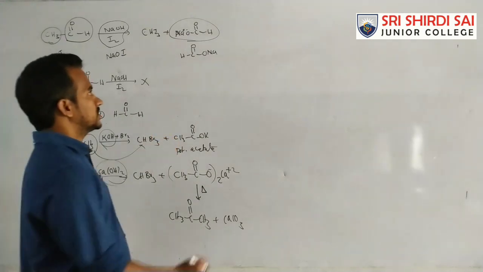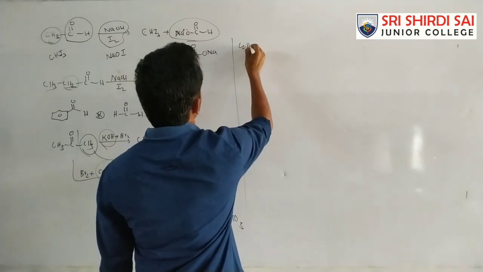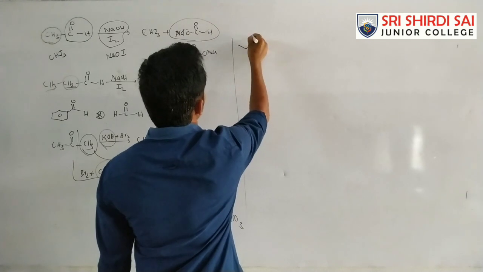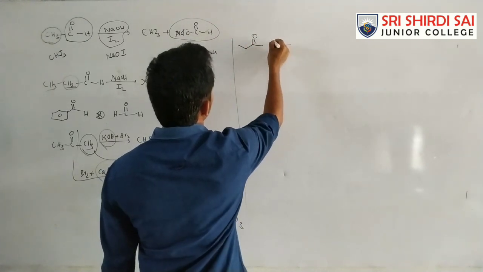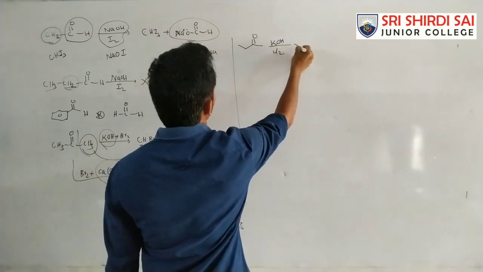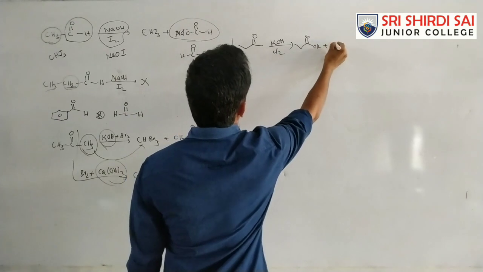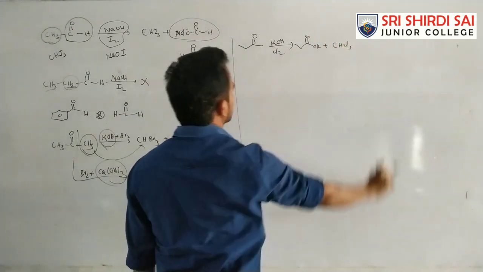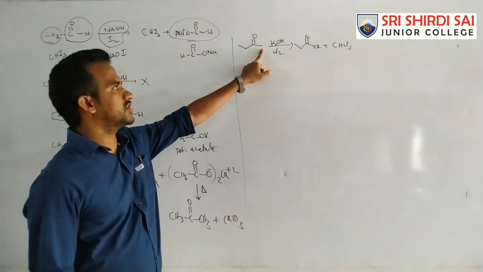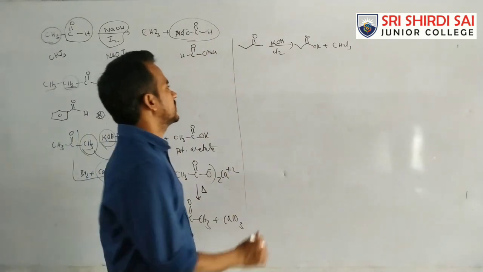Now some more reactions. Ethyl methyl ketone, C2H5 C double bond O CH3, can also give the reaction with KOH plus Cl2: C2H5 C double bond O OK plus CHCl3. Chloroform is the product. CH3 is converted to CHCl3 and the remaining part is converted to the acid.